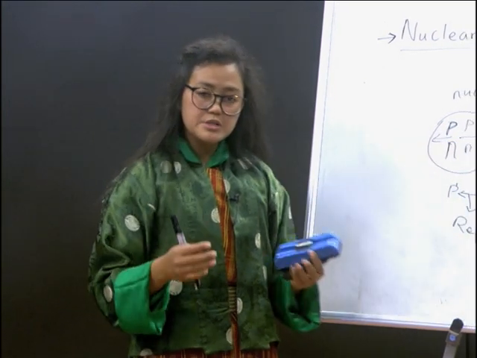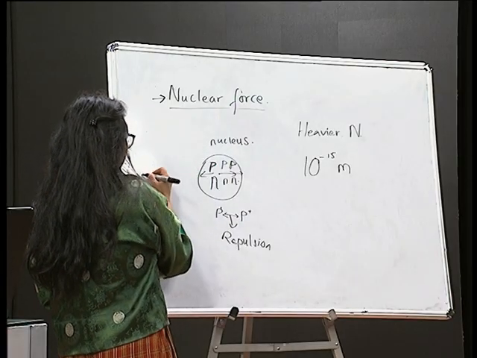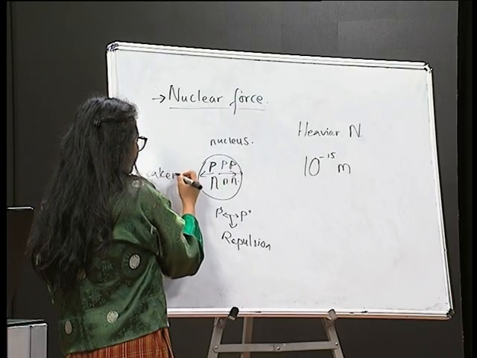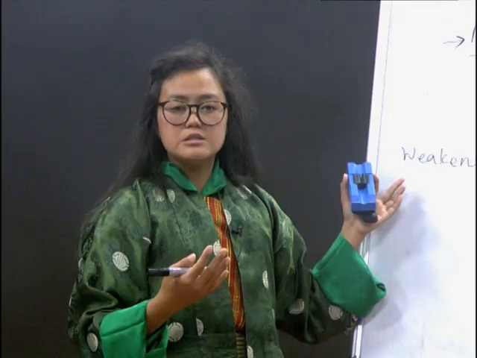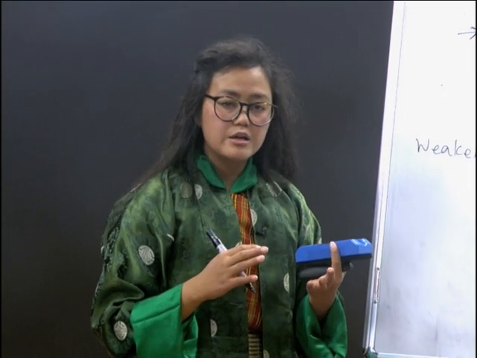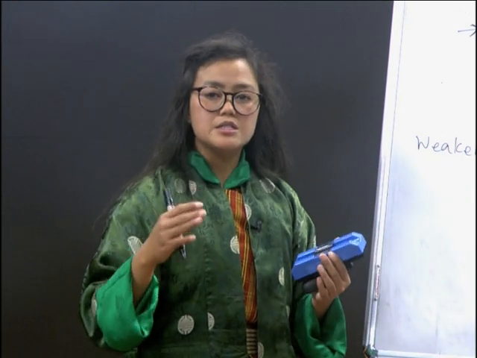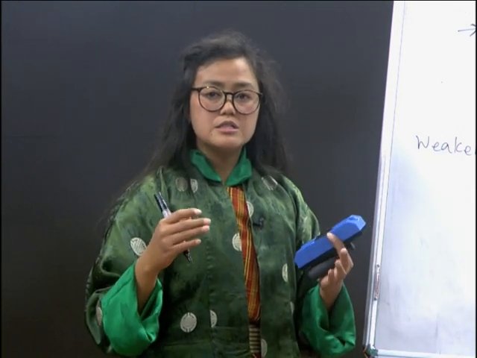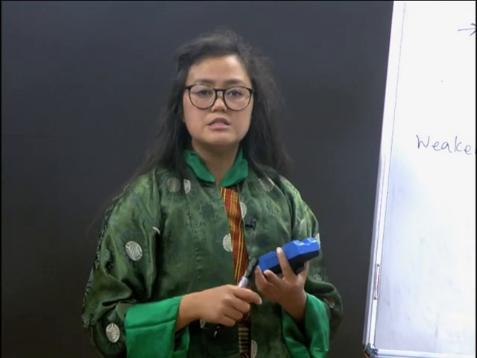Now, due to the increase in the size of the nucleus, what happens to the nuclear force? It weakens. The force weakens. So, when the force gets weakened, it will not be able to hold the particles intact. Because of this weak force, disintegration takes place. So, this is the second cause of radioactivity or nuclear disintegration.